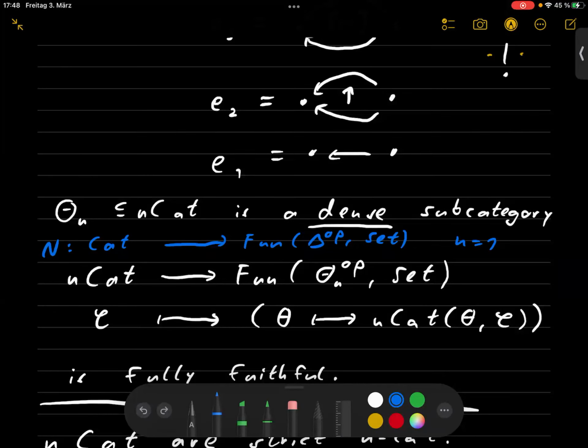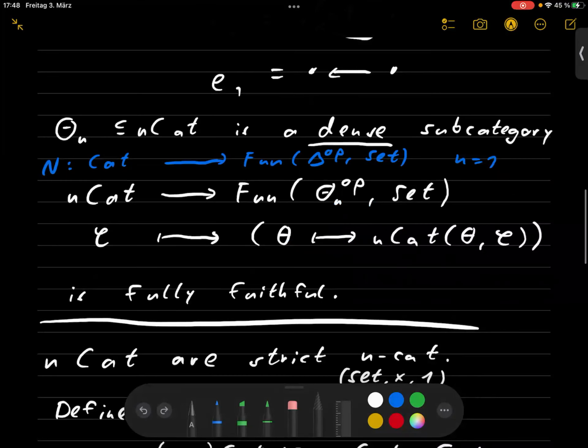But the problem in the end is that it here will not give the fully correct thing, because what's the point? Put this maybe here.